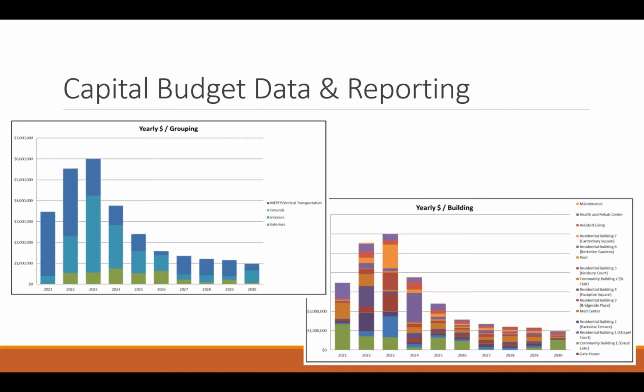These two graphs we really wanted to show illustrate maybe two takeaways that we felt were important. On the left, as Scott said, breaks down capital expenditures by building component. So you'll see in the varying colors, mechanical, electrical, plumbing, another category, the overall grounds, then the interiors of the building and the exterior of the building.